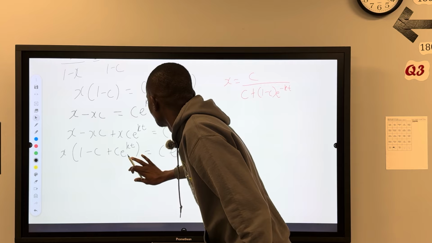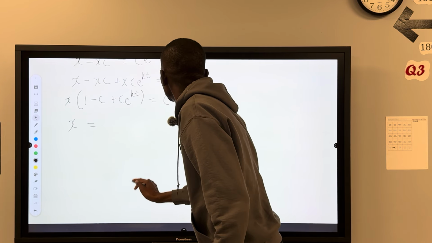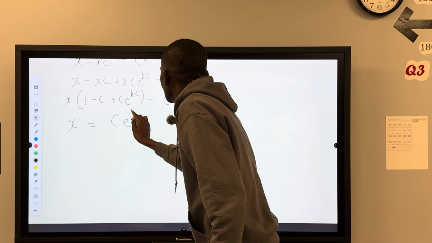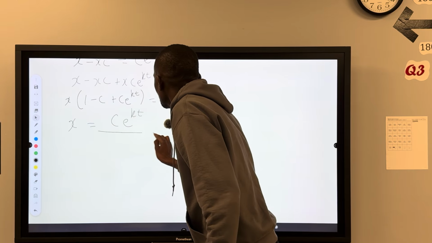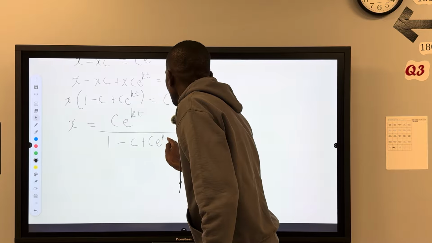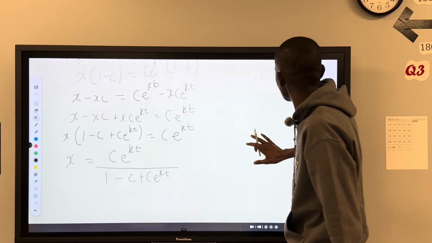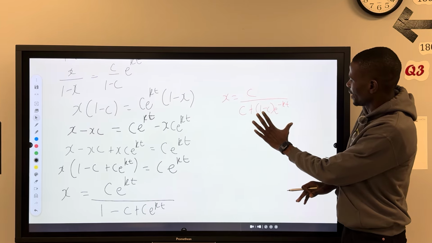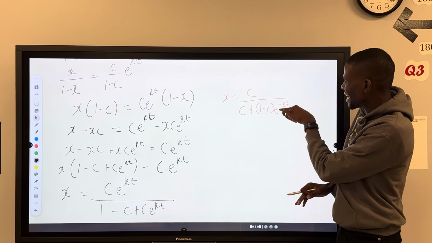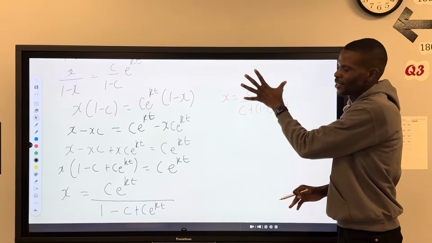So x is equal to c e to the kt all over 1 minus c plus c e to the kt. But as you can see, guys, it's 1 minus c e to the negative, and we don't have this exponent at the top.